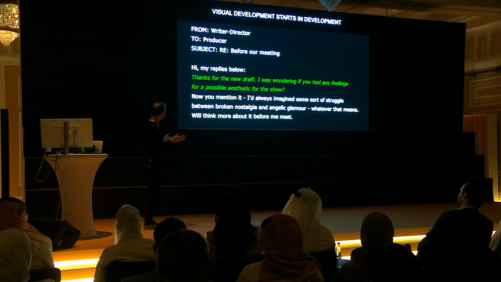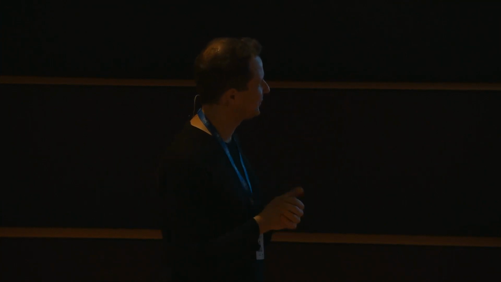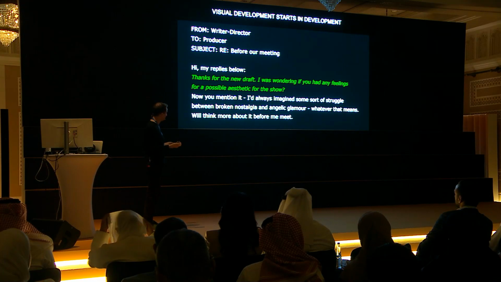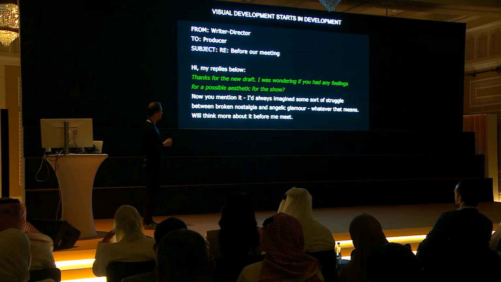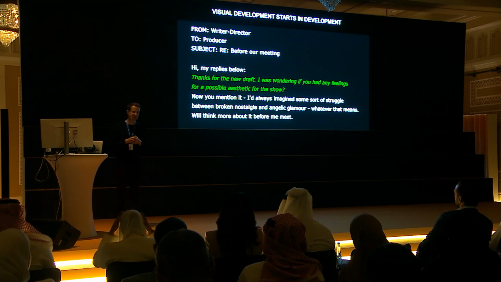Do you have any feelings for a possible aesthetic? The writer-director says, now you mention it, I'd always imagined some sort of struggle between broken nostalgia and angelic glamour, whatever that means. We'll think about it more before we meet.